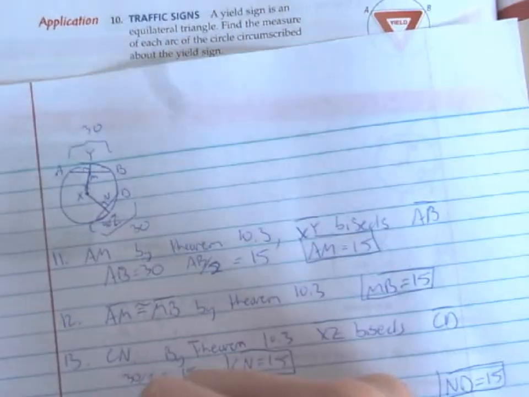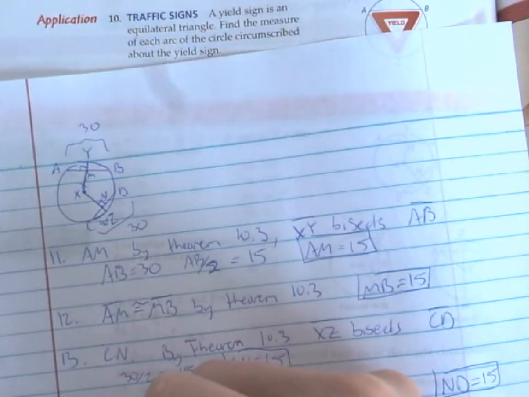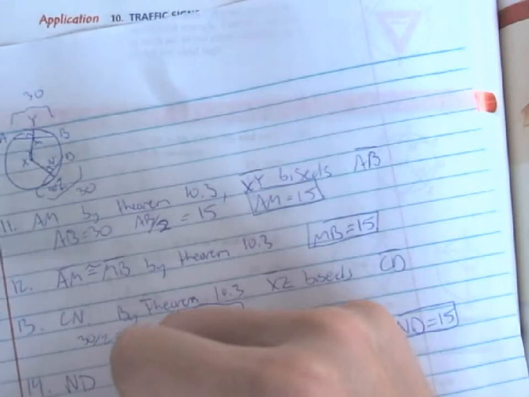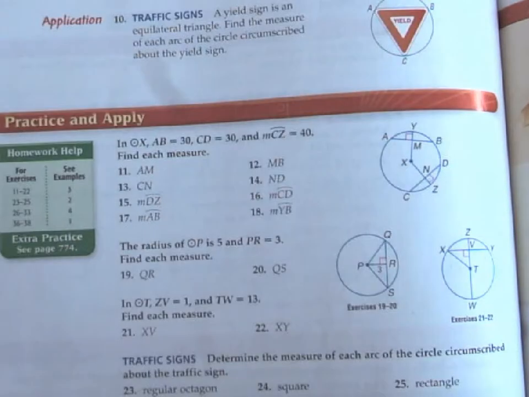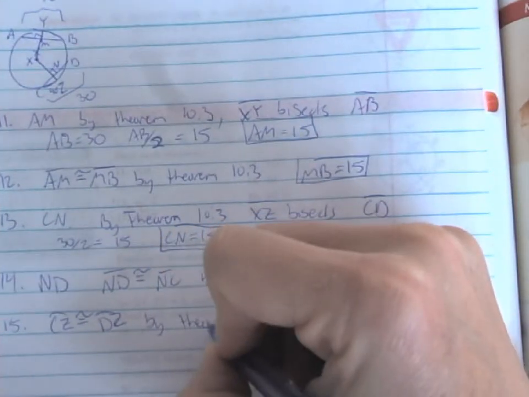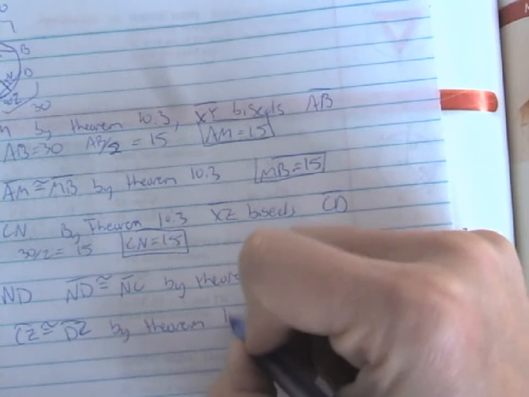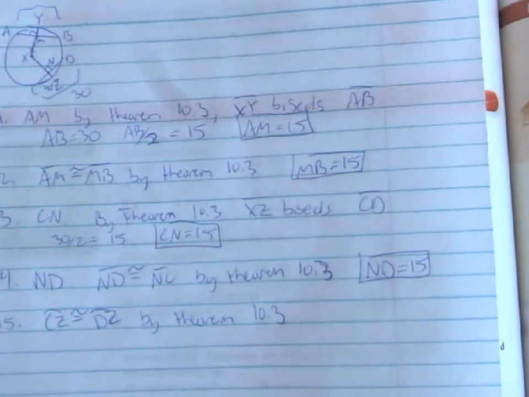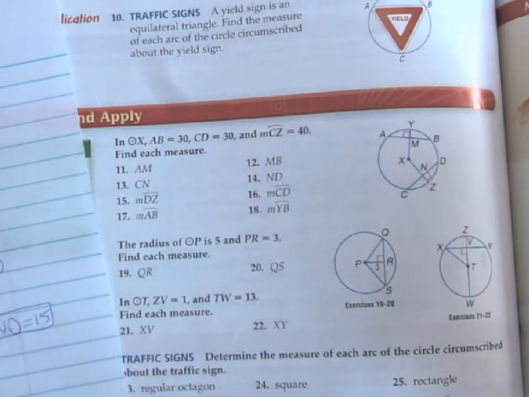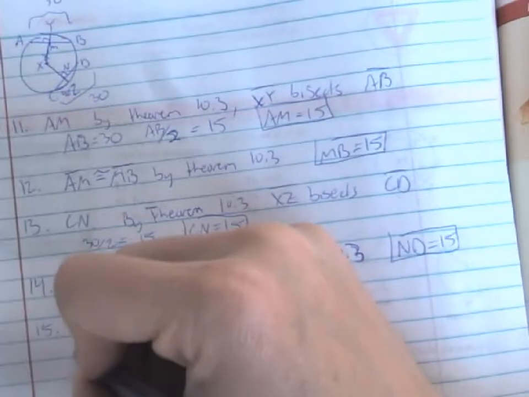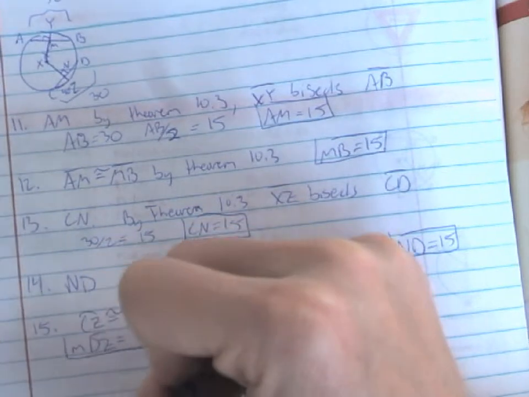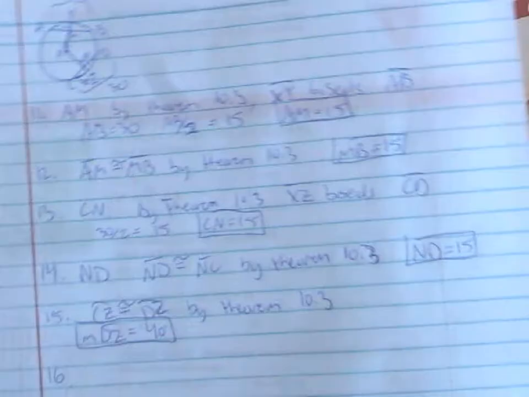So CZ is congruent to DZ, and we're going to go by theorem 10.3. And so we're going to say that the measure of DZ is equal to 40 degrees. Okay, let's see what else we got.